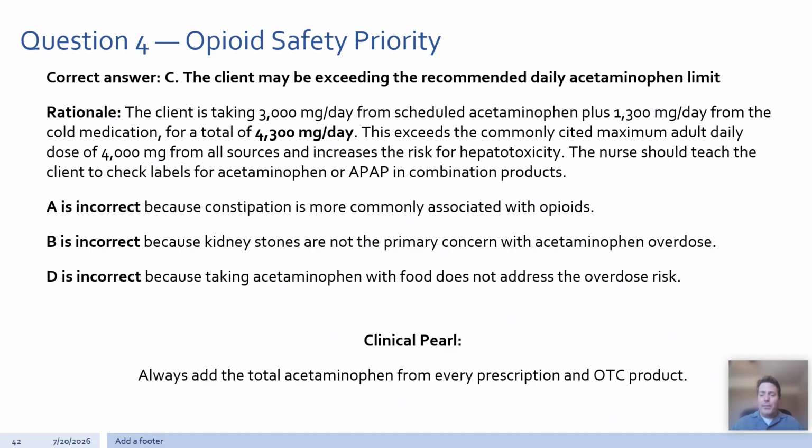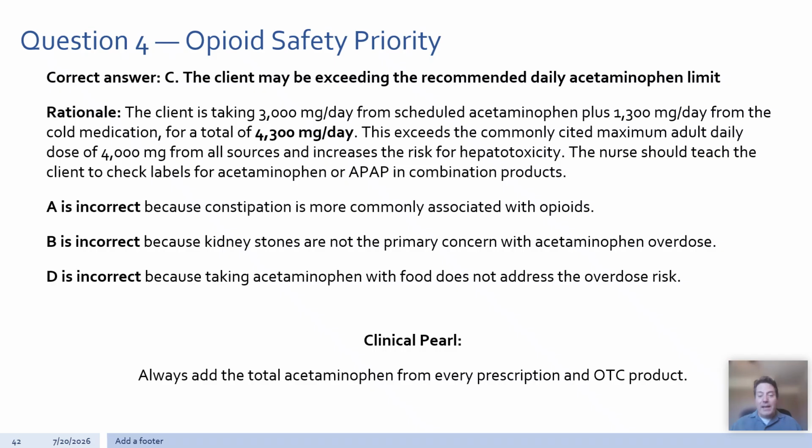So when you have someone with unhealthy liver function, maybe they're alcoholics or something like that, or taking medications that create liver compromise, that total daily dose is going to be less. So we really want to be careful on that. So 4,000 milligrams is usually the absolute ceiling, but oftentimes it can be less depending on your patient.